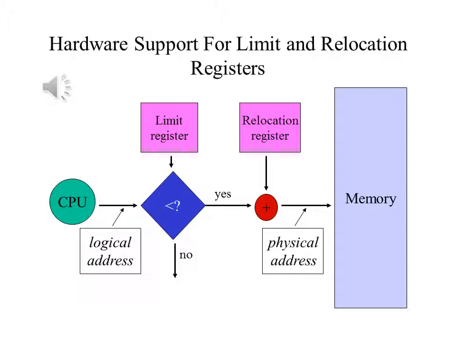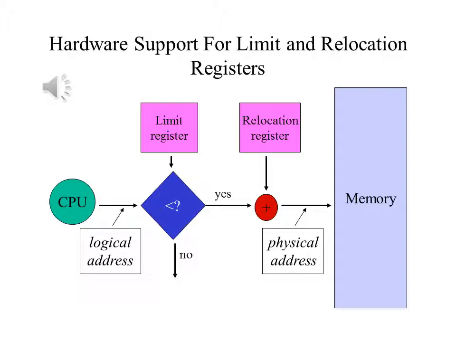This may be because that address is past the physical limits of memory, or because the system is reserving that area of memory for another process. In either case, we need to store the address above which the process cannot access in a limit register. Any logical address beyond this point will result in an addressing error.